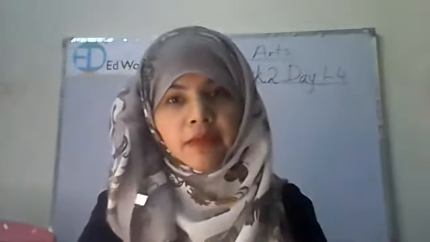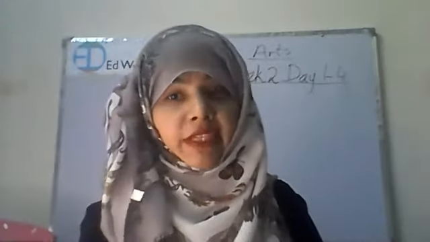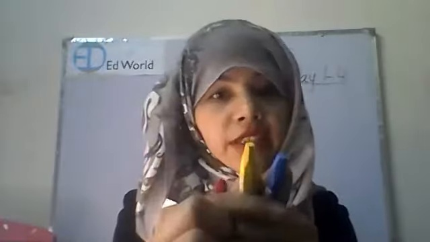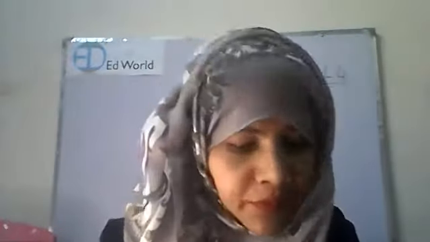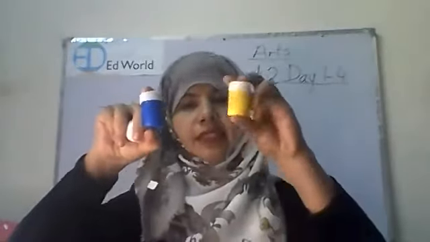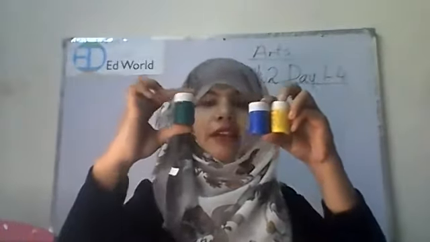When we mix blue and yellow, we get the color green. I am going to show you how. We will mix blue and yellow. See, this is blue, this is yellow. Then we will get the color green.